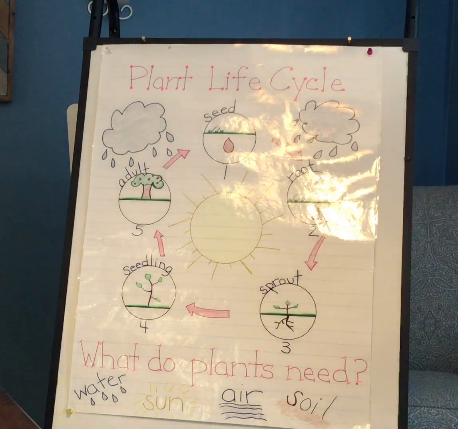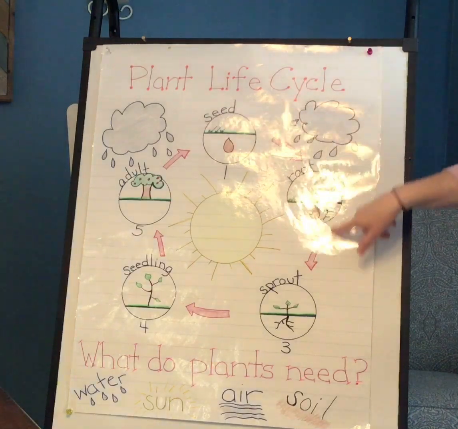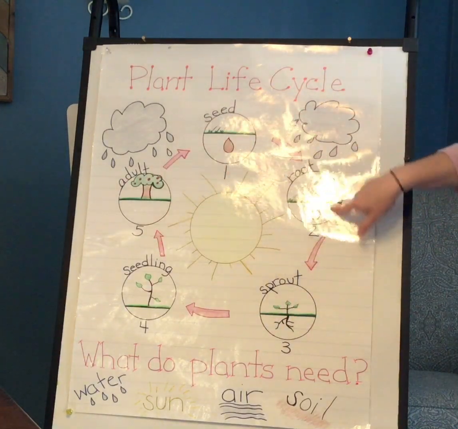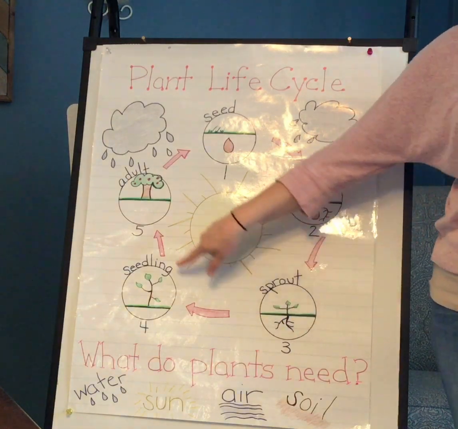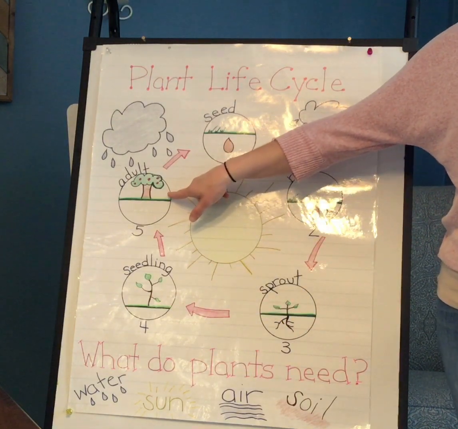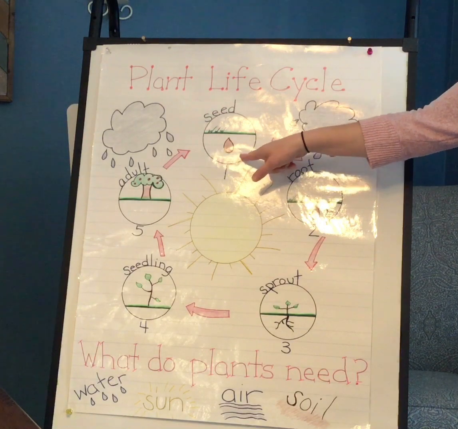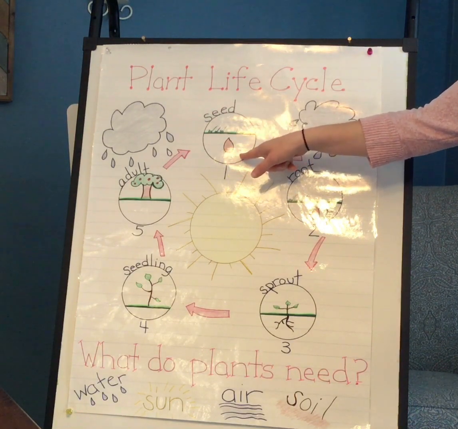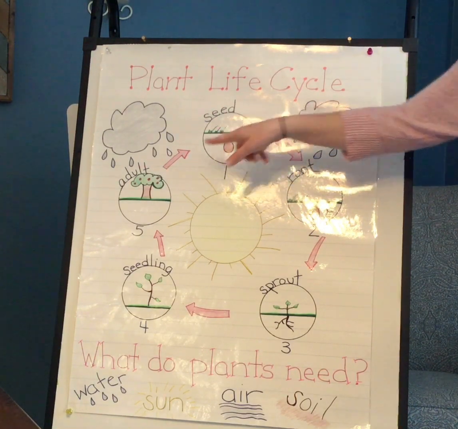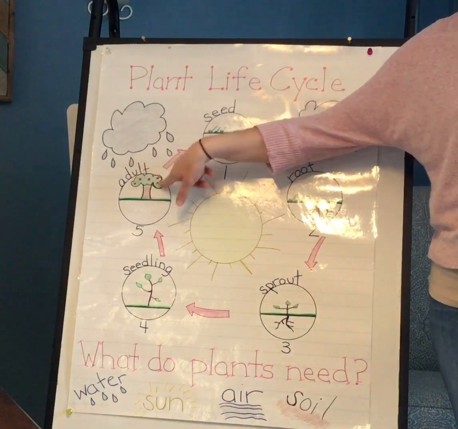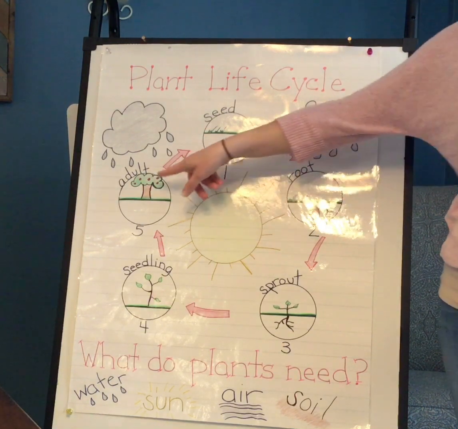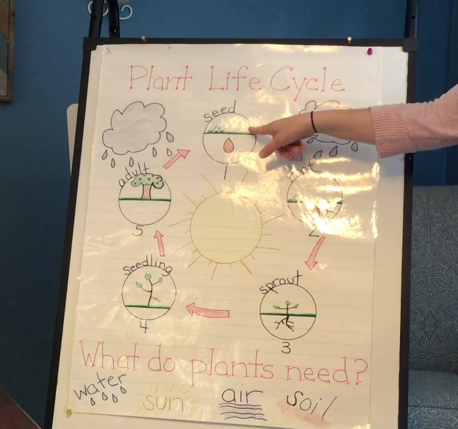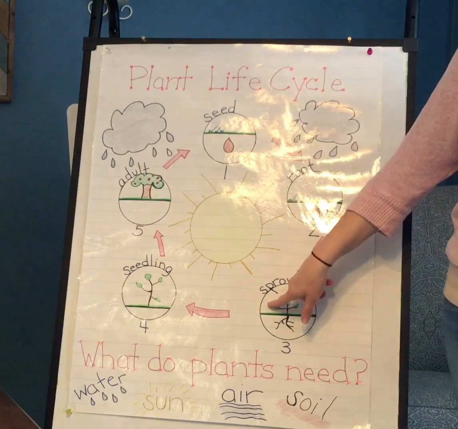Now remember, a life cycle always works in a circle. It never ends, right? It keeps going around and around. So we went all the way around to that adult plant, and then we've got to get back to the seed again. Remember, from the parts of the plant, the flowers, the leaves, the petals up at the top are where the new seeds are always growing and always held, and that is where the seeds come from to start the life cycle all over again.